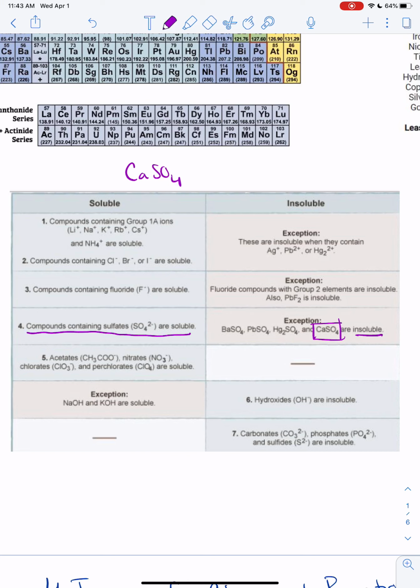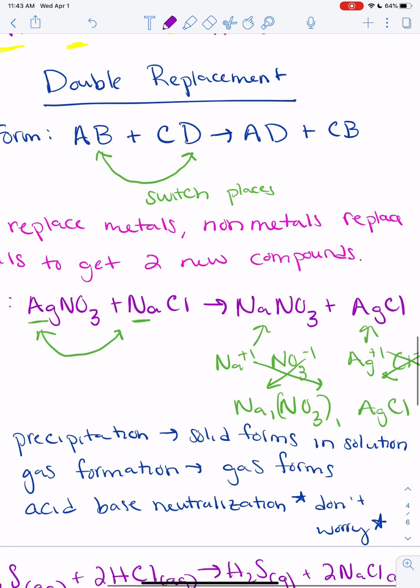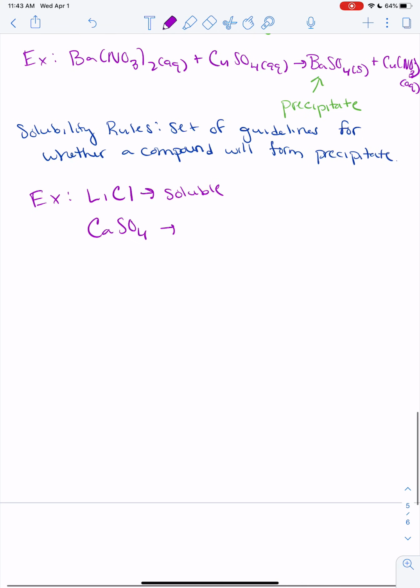We always need to check our exceptions as well. So we're going to say this is insoluble. And if it's insoluble, that means that it will not dissolve, and that means it will form a solid precipitate. So if we go back down, we can write our answer: insoluble, it forms a solid precipitate.